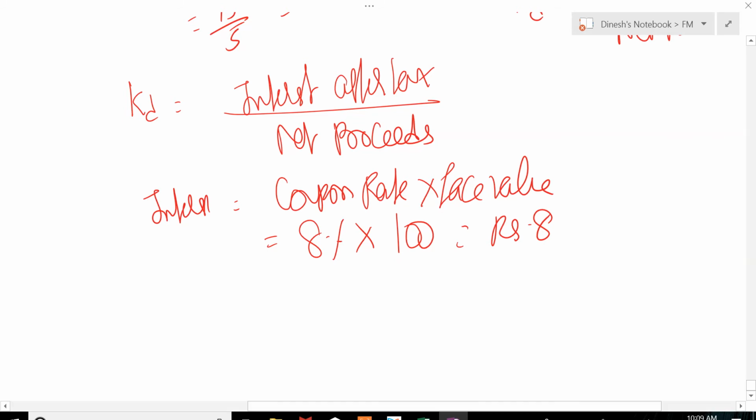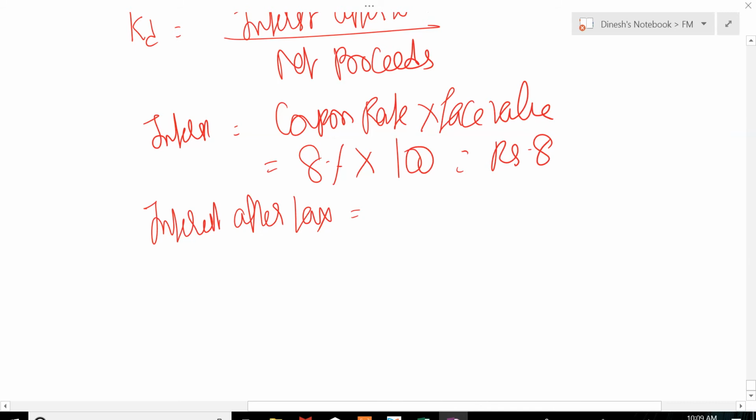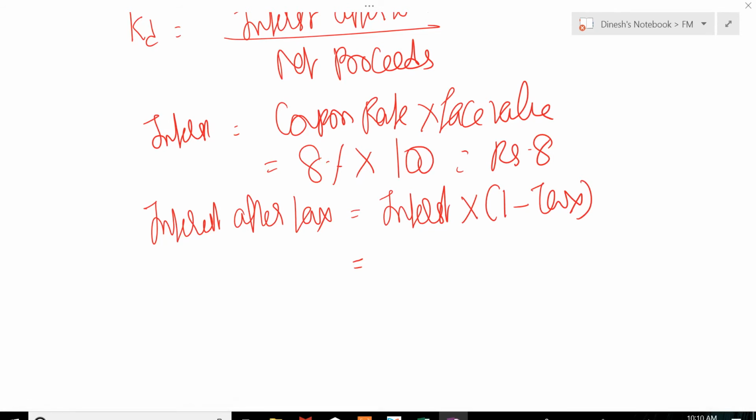Then interest after tax is interest into 1 minus tax. Let's take the tax rate to be 30%. Problem is silent.